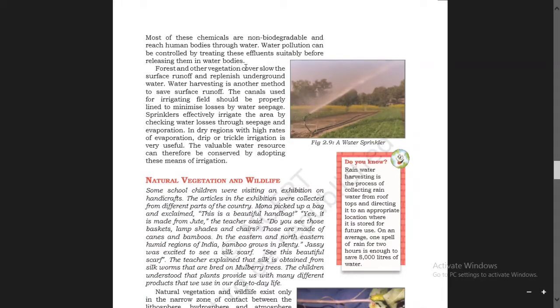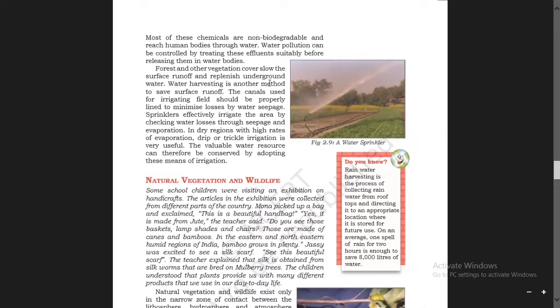Forest and other vegetation cover slow the surface runoff and replenish underground water. It used to replenish underground water.